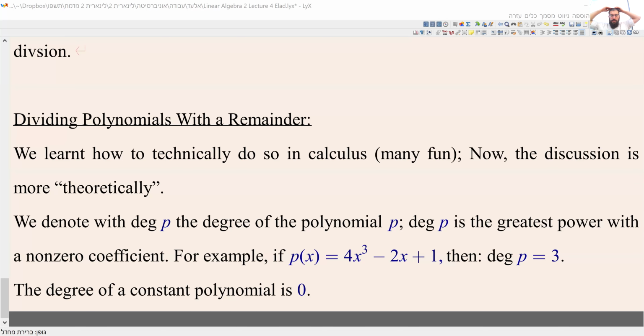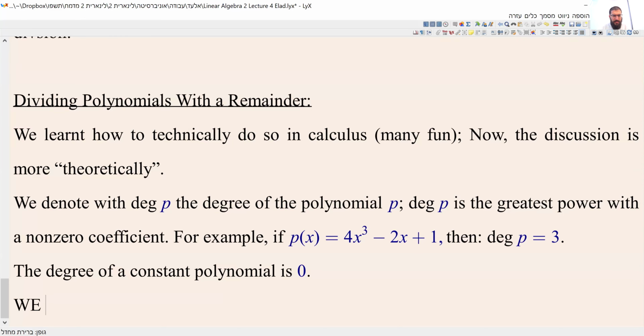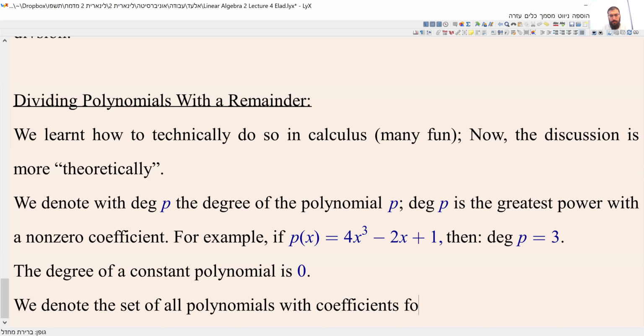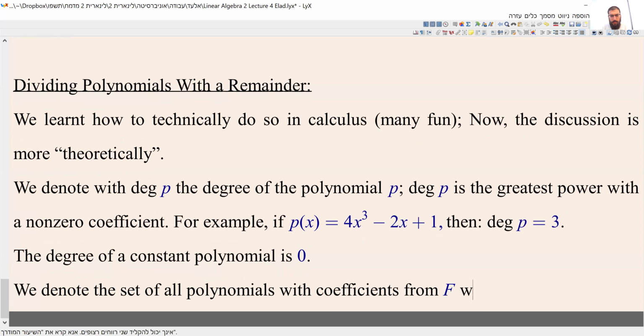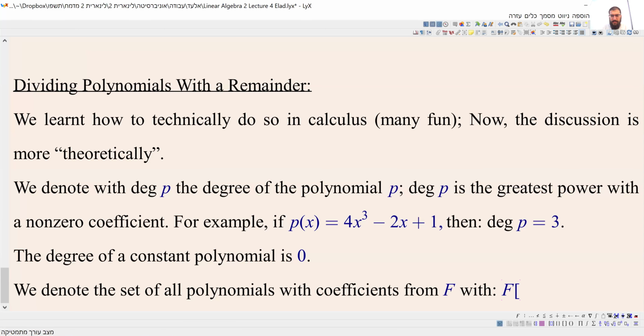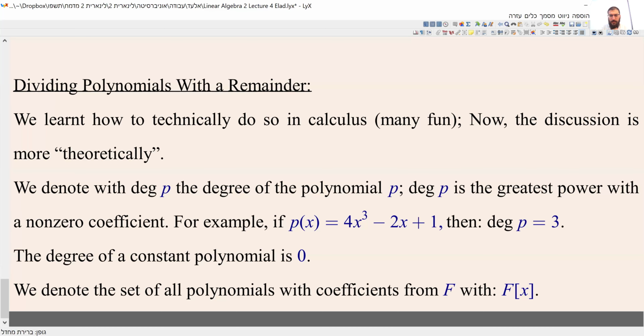So formally, what do we talk about? We denote, and we know this notation, the set of all polynomials with coefficients from a field F by F[x], with square brackets.